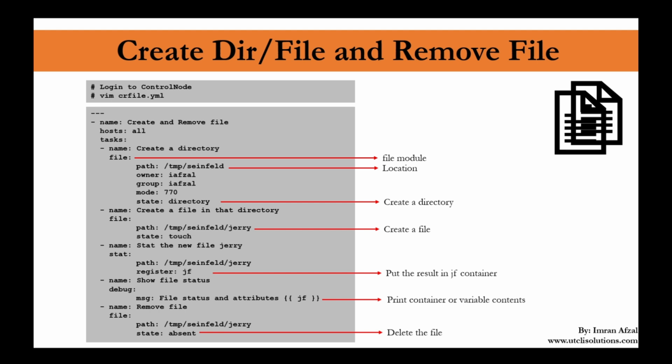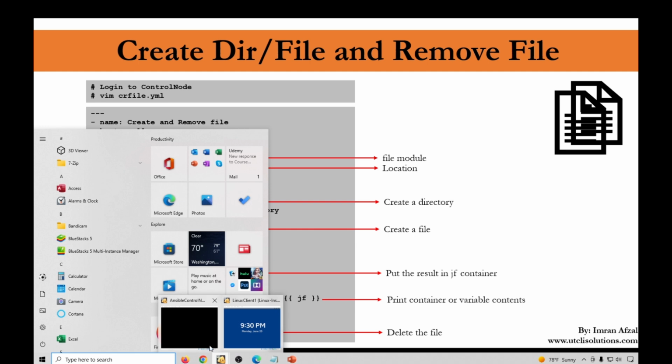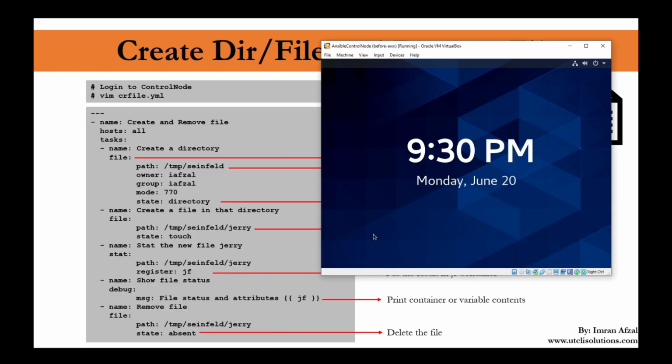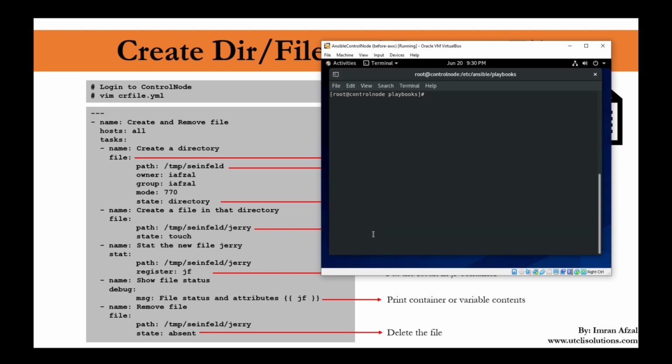So this is how we're going to create our playbook. I'll go ahead and log into my control node. As you see, we'll be creating it in my control node. Right here is my Ansible control node. I'm going to log in as root. I already have a terminal open, and I am logged in as root.